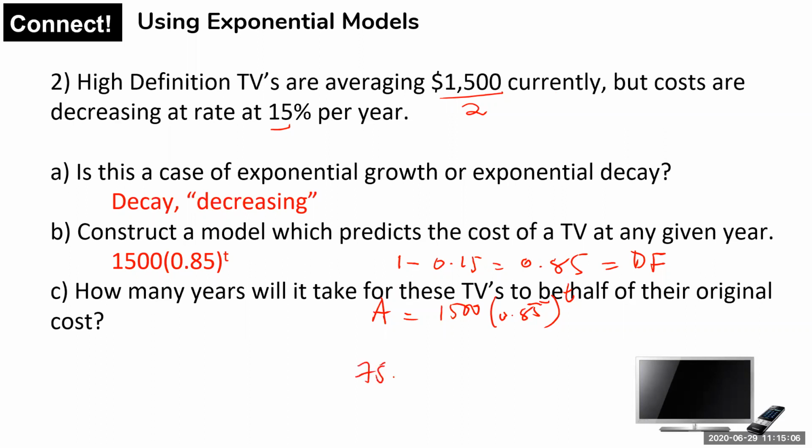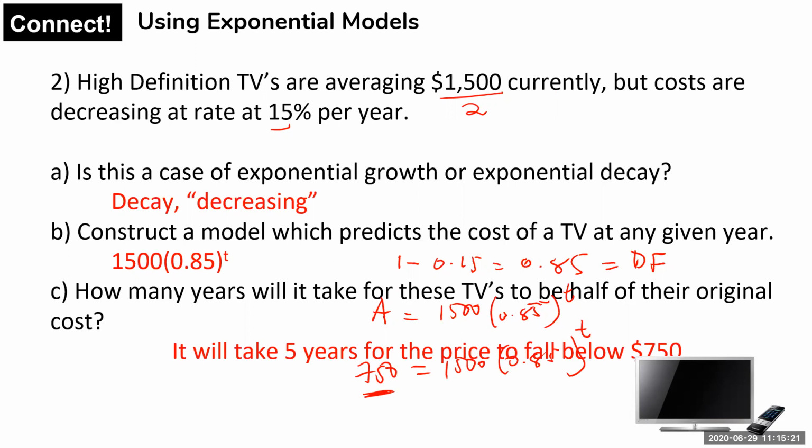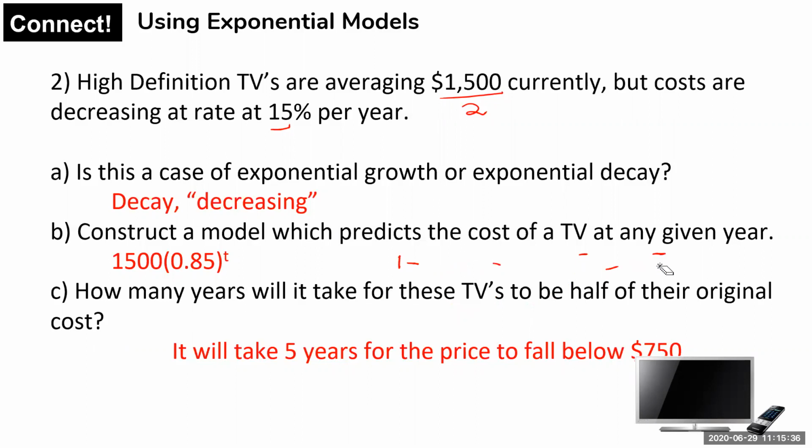You put 750 right there, and you have 1,500 times 0.85 to the T. And you want to keep changing your T until you get 750, and it will be what? 5 years. So if you put 5 there, that should give you the answer. Guess and check. You have to just keep varying your T until you get the answer, and that is how you get that result.